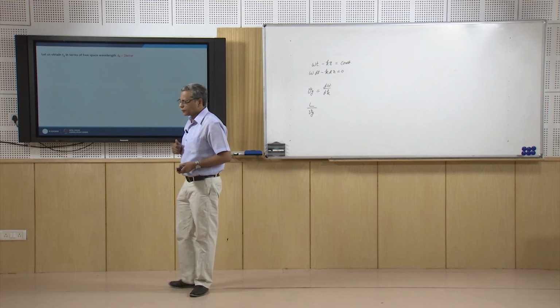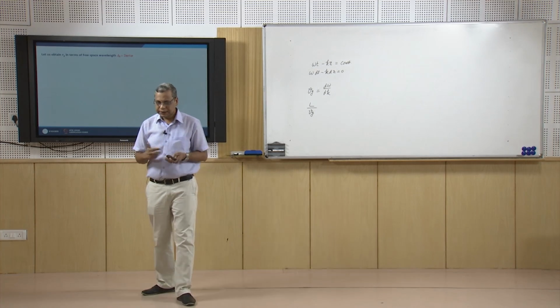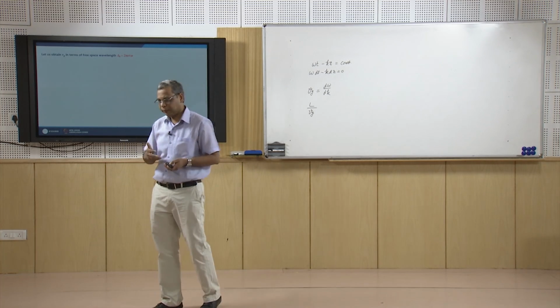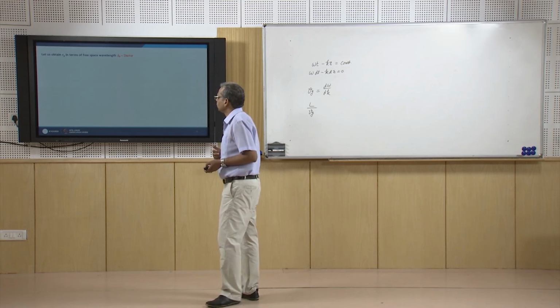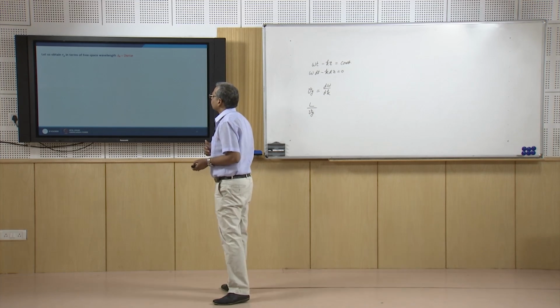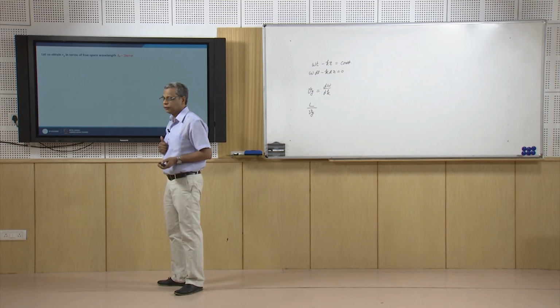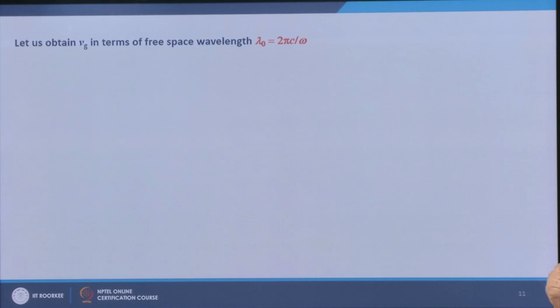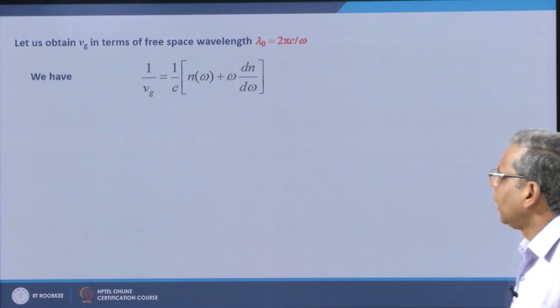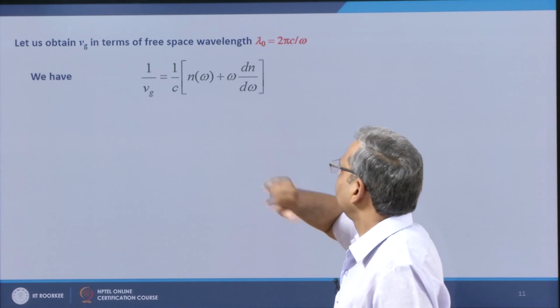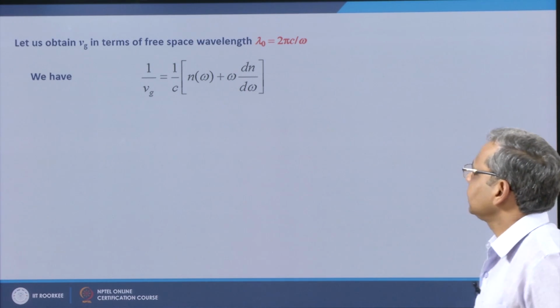And since in practical situations I always work with wavelengths instead of frequencies, let me obtain this Vg in terms of wavelength lambda naught. Lambda naught is given by 2 pi c over omega, and I have Vg in terms of omega like this.